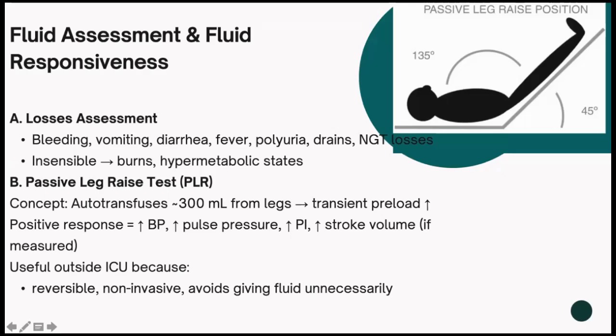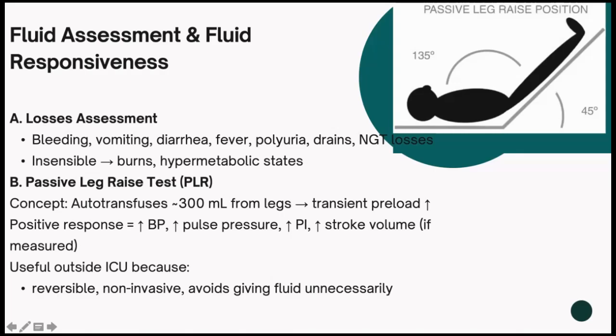So if there's a rise of 20% of the systolic blood pressure, let's say your systolic was 80 when you started, and if you get it to 100 after leg raise, that means there's a volume response. If your heart rate was 100 before raising, and it's coming down to 80, again there is a response. That is a positive response, then you are allowed to give fluid. So whenever you are in doubt, that can be done.